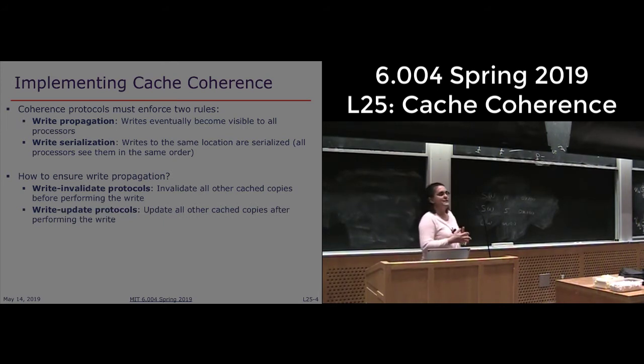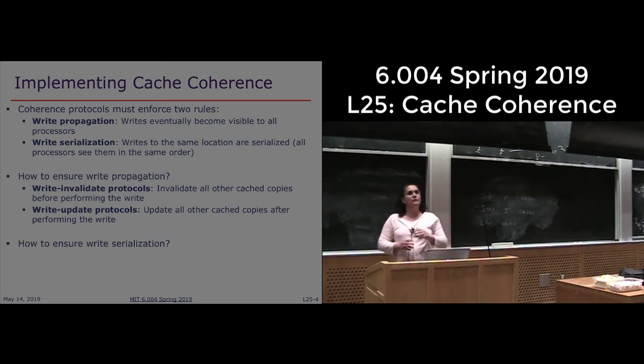An alternative to this is what's called the write update protocol, and the idea here is that every time you do a write, you update all of your caches and your memory at the same time. You can imagine that's clearly more costly, and so that's not what we do most of the time.